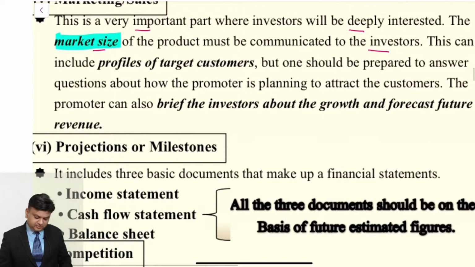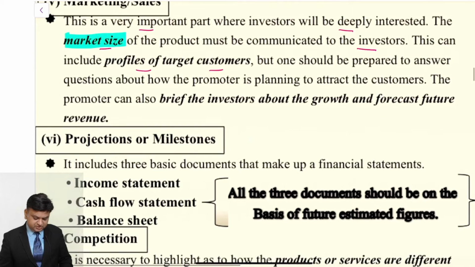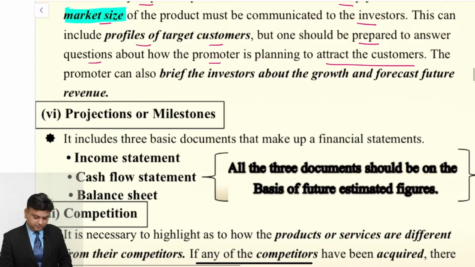So what is the future demand? This can include the profile of the target customers, but one should be prepared to answer questions about how the promoter is planning to attract the customers. The promoter can also brief the investors about the growth and forecast the future revenue.